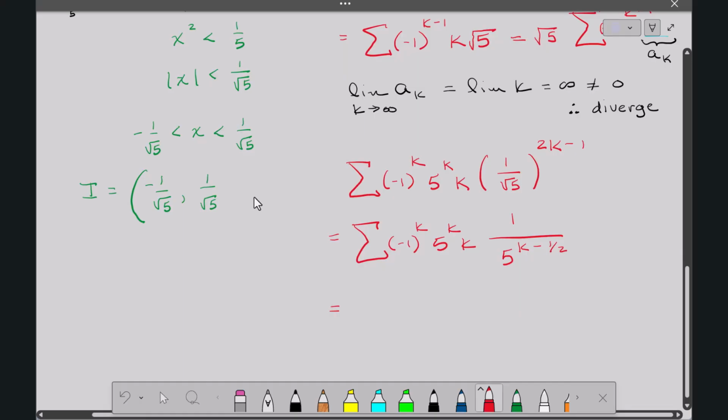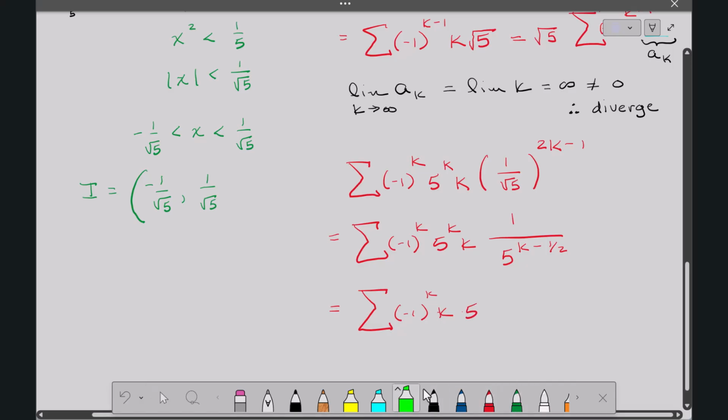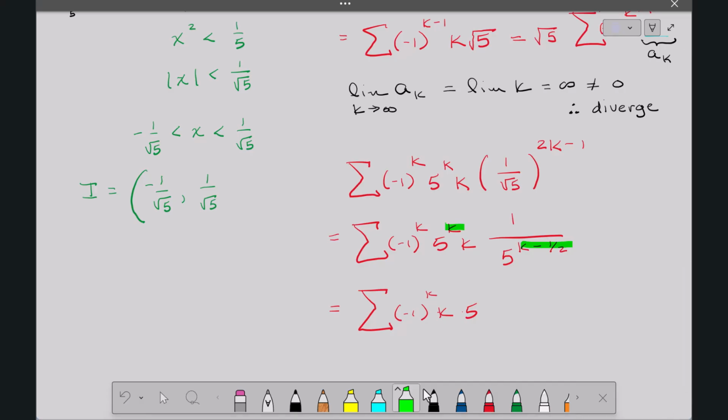Now we have a power of k in both the numerator and in the denominator. So let's combine those. So we have negative 1 to the k, we have our k, and now let's combine the 5. Looking at our exponents, we're going to subtract them. K minus k, so the k's are going to disappear. And minus 1/2 is positive 1/2, so that's a square root.